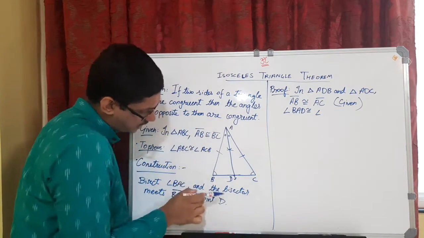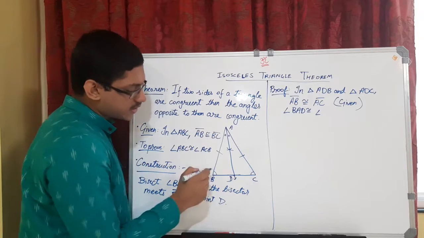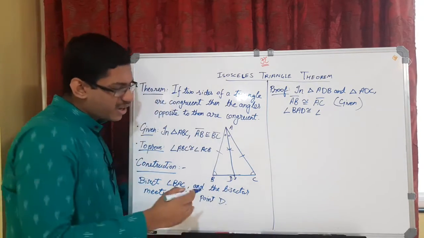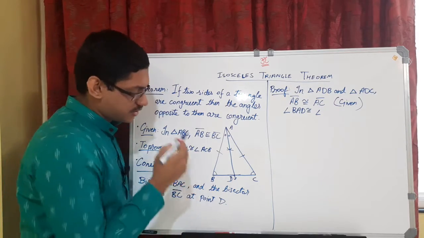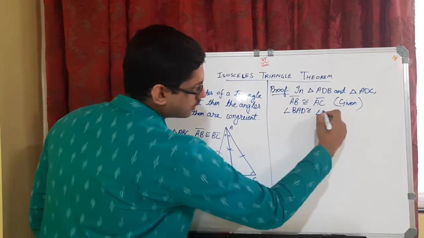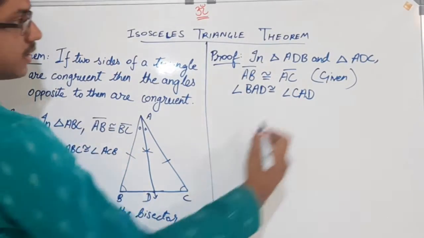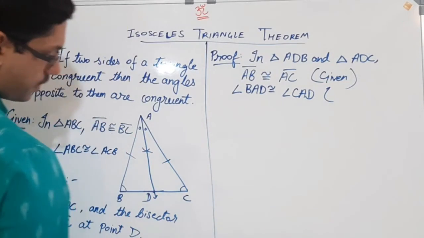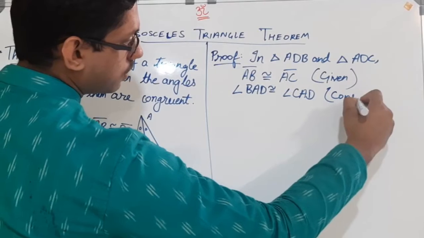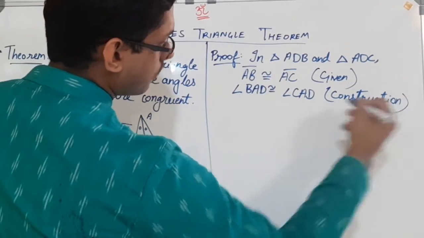So CAD, like this. One is like this and the other is like this. If you do it like this, BAD and then DAC, it will look a bit odd. Okay, so do it like this only. BAD CAD. Okay, and this is construction. This is construction because we bisected the angle.